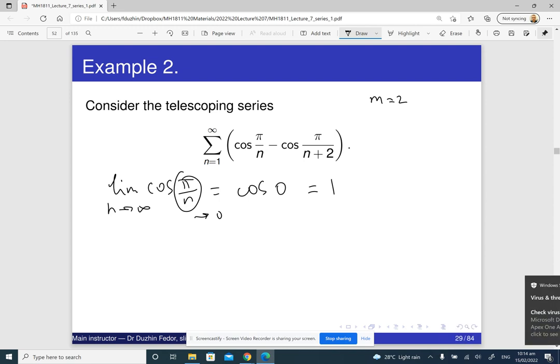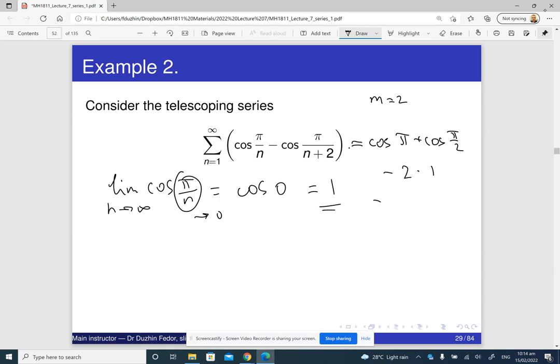And there is a sum, and the sum of the series is going to be, here m is 2, so we take the first two terms, which are cosine of pi plus cosine of pi over 2, minus 2 times this 1.